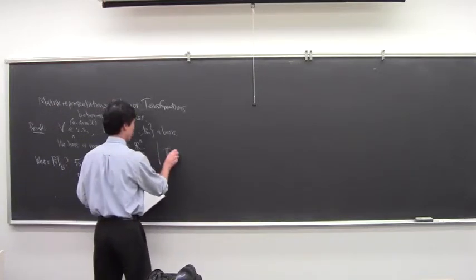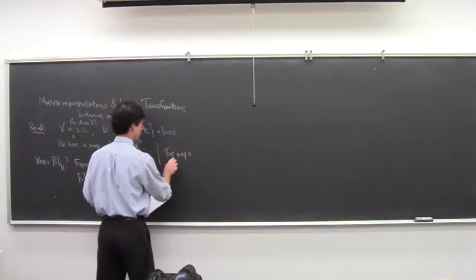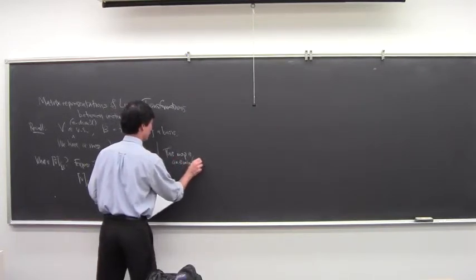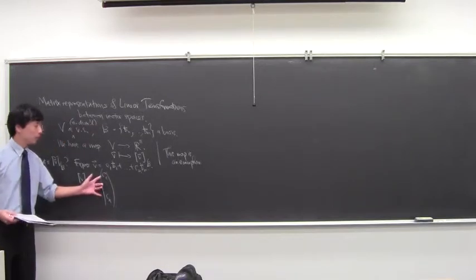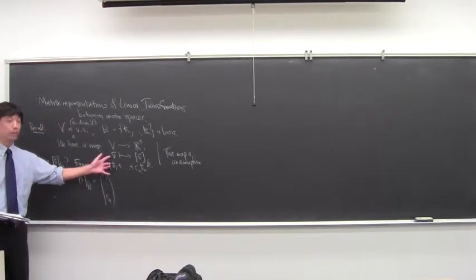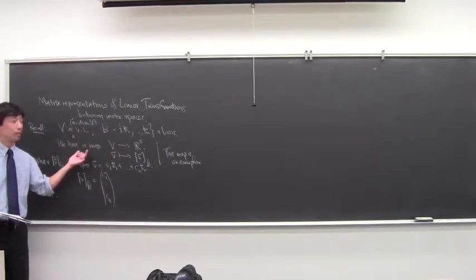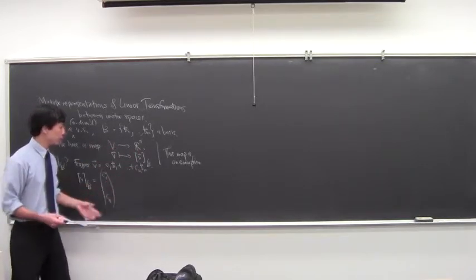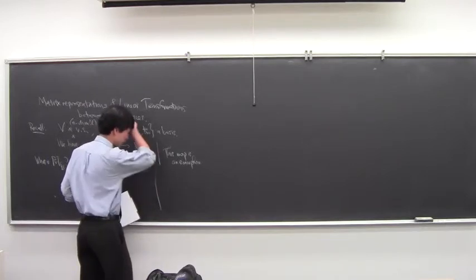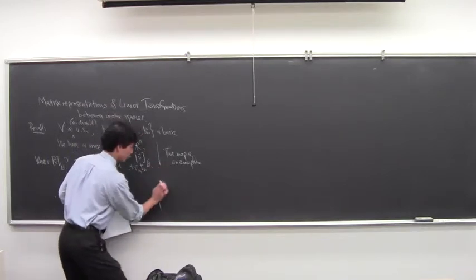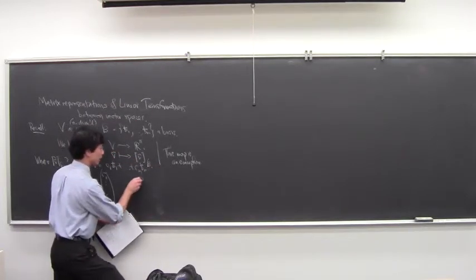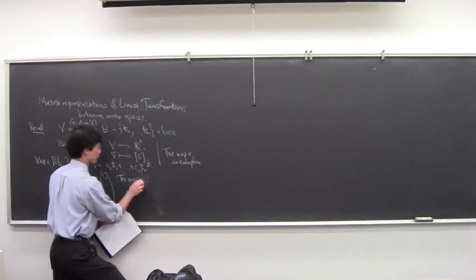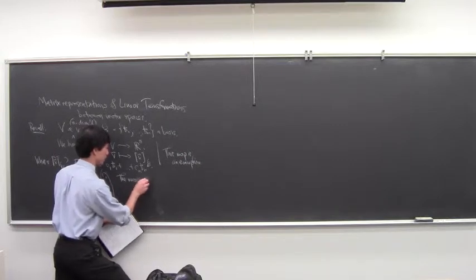As an isomorphism, we have a reverse map going from Rn back to V. Somebody gives you some coordinates, what does the inverse transformation look like?